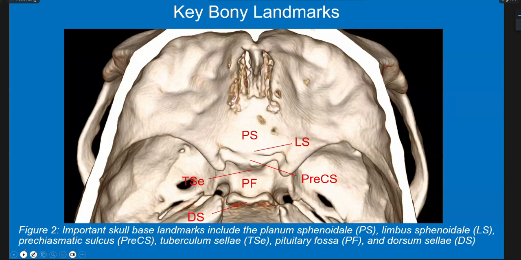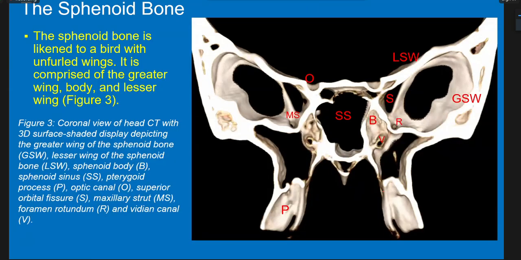So the sphenoid bone, our talk will be mostly focused in and around the structures in the sphenoid. The sphenoid bone is likened to a bird with unfurled wings. You have the lesser wing, you have the greater wing, you have the body that includes the sphenoid sinus, and you have the pterygoid process. So you have the pterygoid plate and the medial and lateral pterygoid.